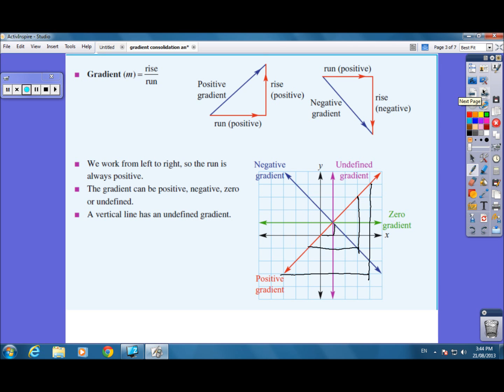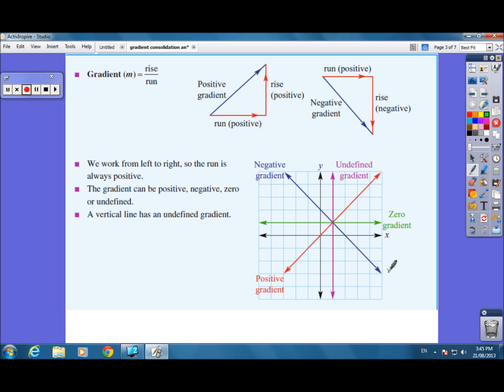Alright, this is just a reminder here. We need to remember that gradients can also be negative. So this here is an example of a positive gradient. If you think about it as if we're going from left to right, it's going uphill. And this is a negative gradient. If we're going from left to right, it's going downhill.